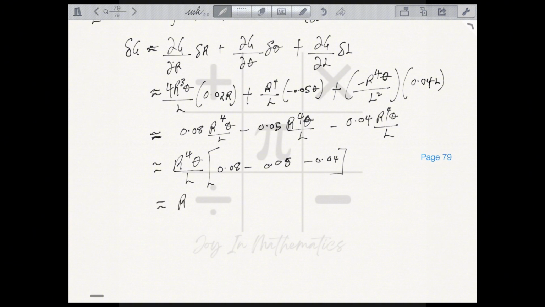Therefore, the small change in this is minus 0.01. Now, R raised to power 4 theta over L from the question is equivalent to G, and this minus 0.01 is equivalent to minus 1 over 100.